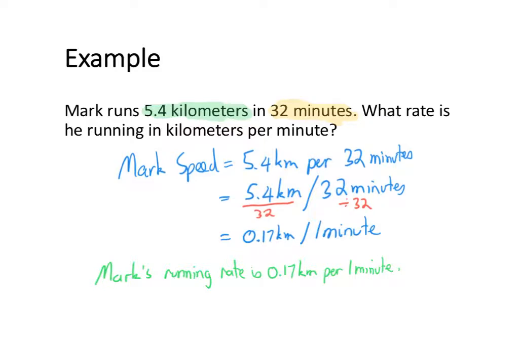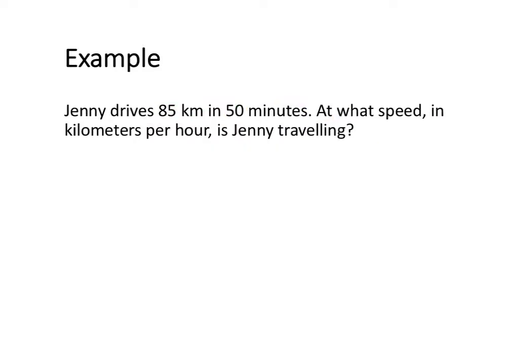Next, we'll have a look at another example involving time and rates. In the second example, Jenny drives 85 kilometers in 50 minutes. At what speed in kilometers per hour is Jenny traveling? So looking at the question for the key information, we know that Jenny is driving 85 kilometers and it's taking her 50 minutes.